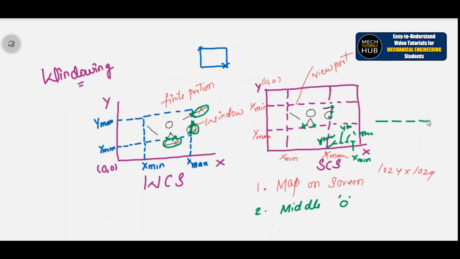When all 4 bits are zeros, like X minimum 0, X maximum 0, Y minimum 0, Y maximum 0, then that zone is nothing but the middle box area, and it is a completely visible zone.